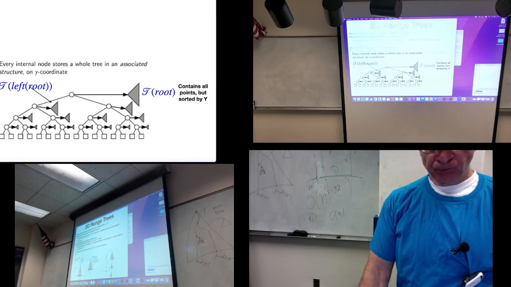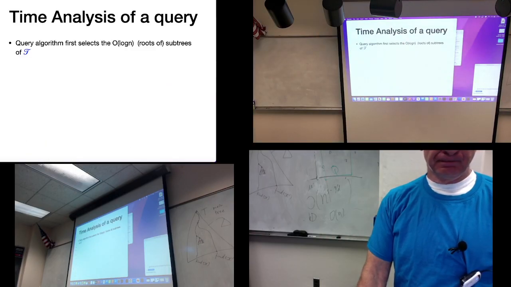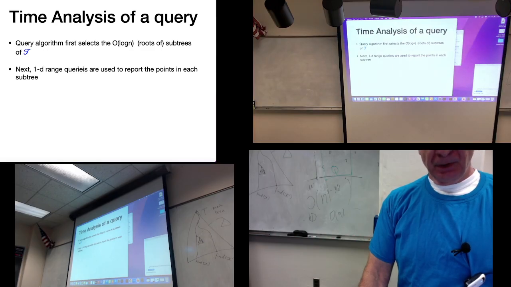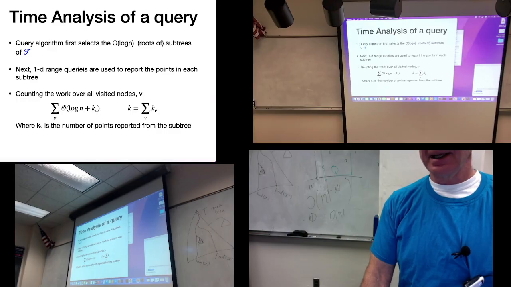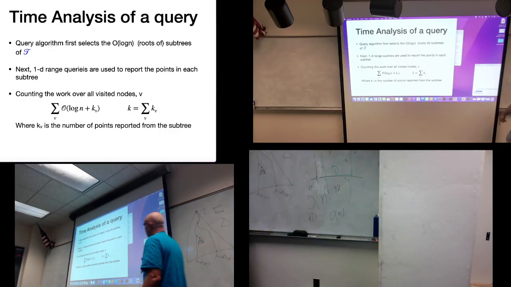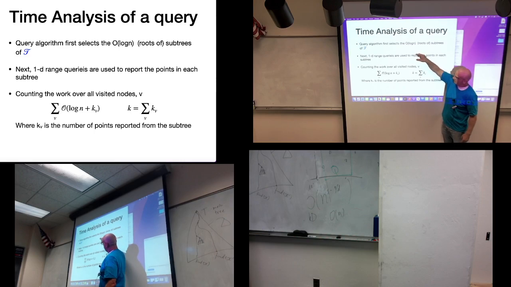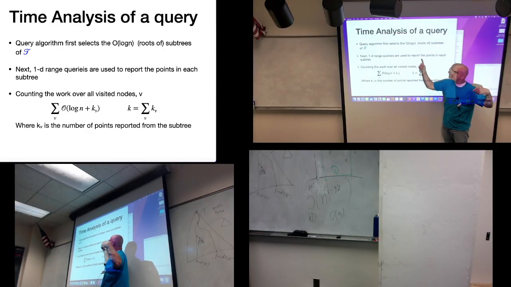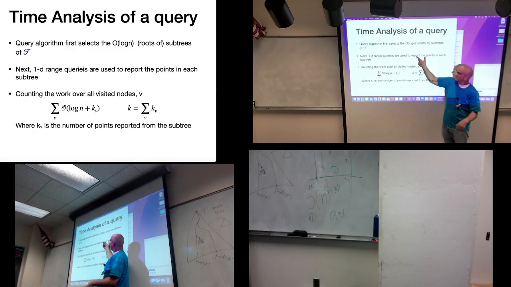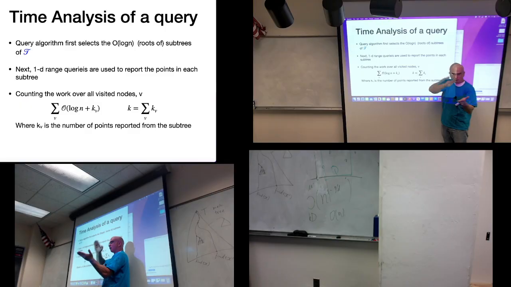So the query algorithm: select the order log n roots of subtrees, and perform a one-dimensional range query to report all the points in each one of them. First a one-dimensional range query on the X values, collect all the roots of the subtrees, log n such subtrees. In each one of them, perform a 1D search with a Y interval.